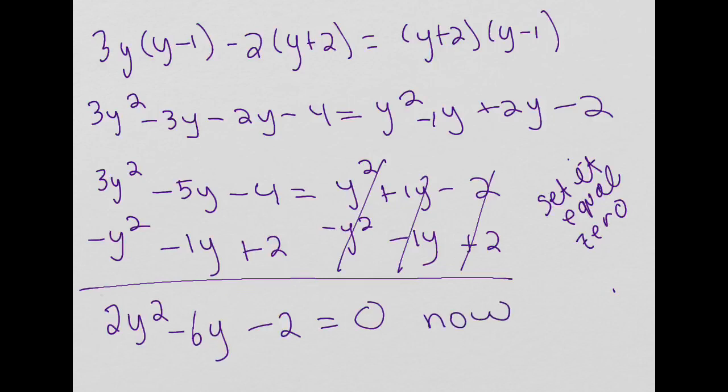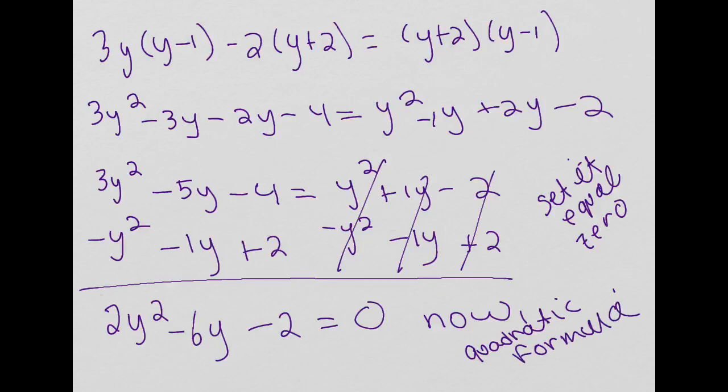Now, which of the methods am I going to use? Let's figure it out. It's not factorable. Completing the square seems like not. We're going to use the quadratic formula to solve this.